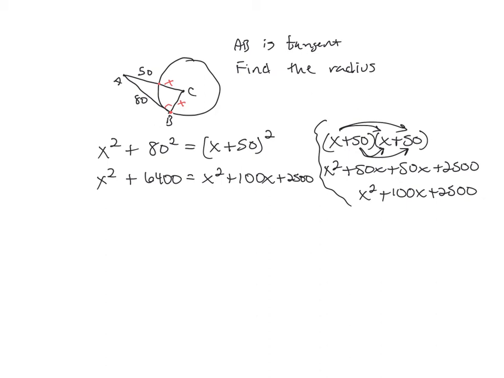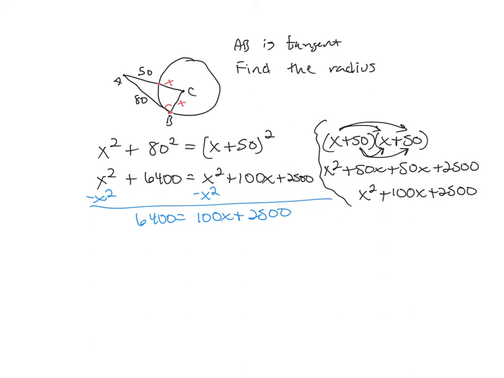Now, this one isn't too terrible because, okay, now I need to start to solve. Okay, well, if I subtract x squared, x squared minus x squared, that goes away. X squared minus x squared, that goes away. So it becomes a much easier problem to solve because now we don't have x squareds.